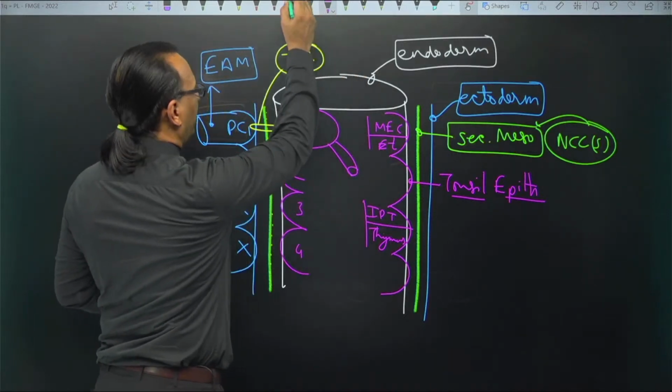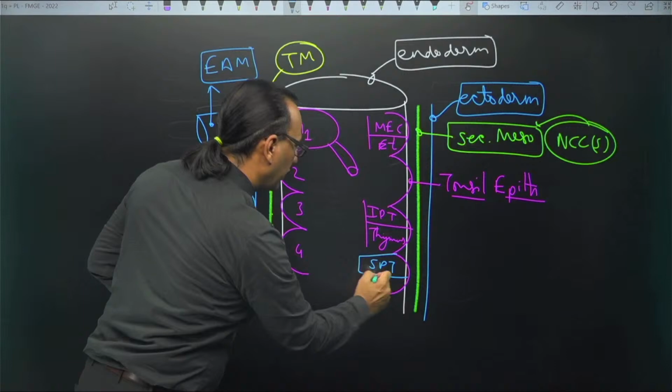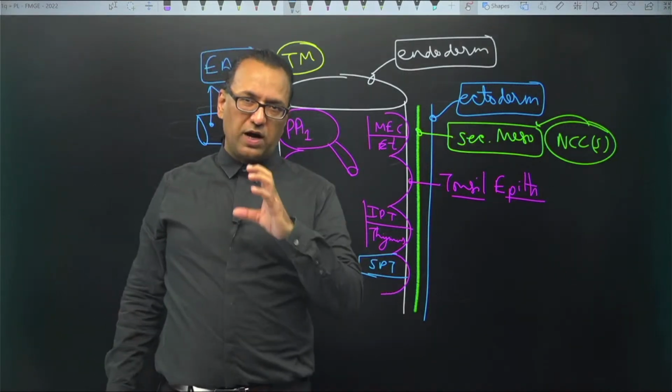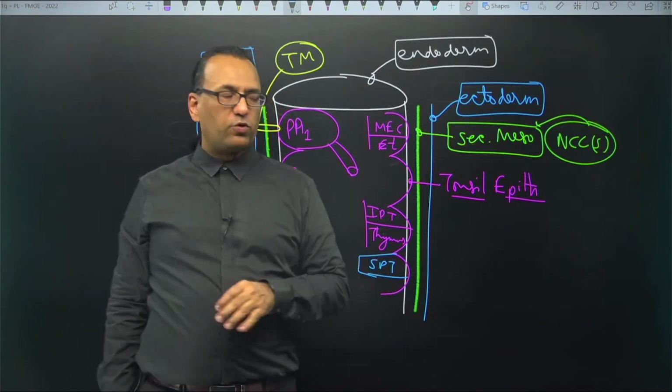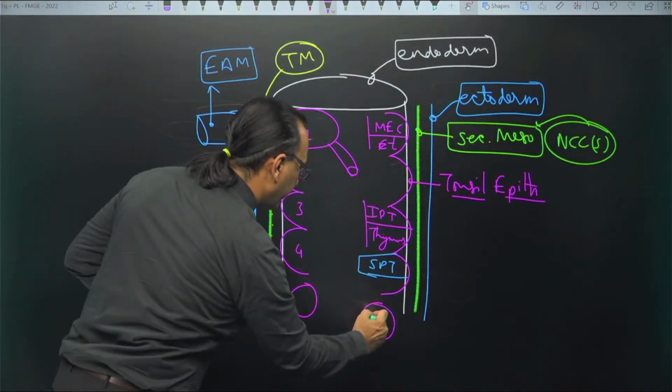Let us take some other color. Superior parathyroid. And now, in pouch number 4, there is one other structure which is developing. You have to understand that there is a pharyngeal pouch number 5 also, but it is rudimentary.